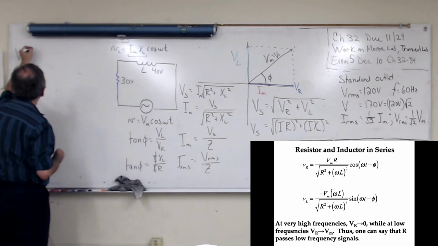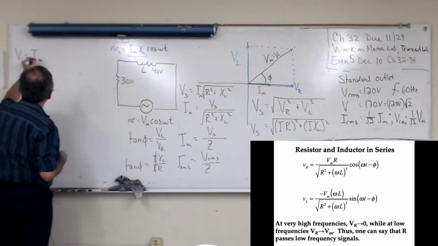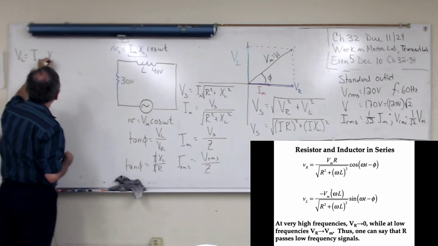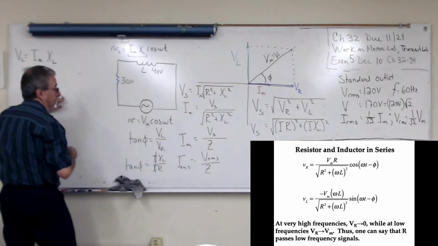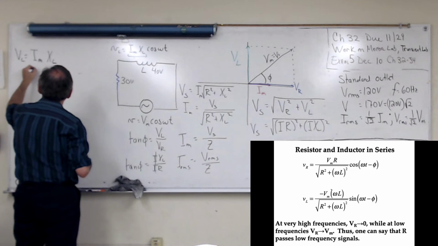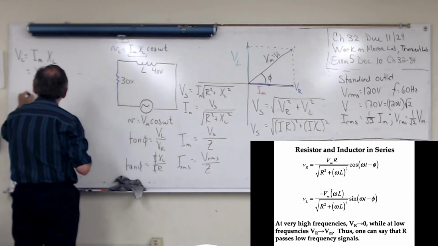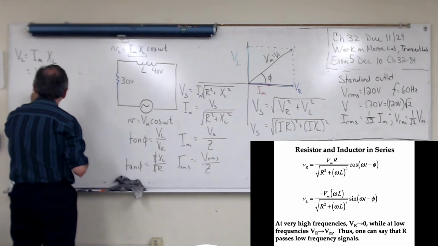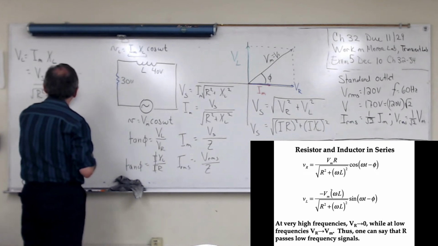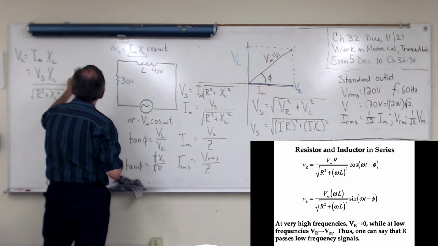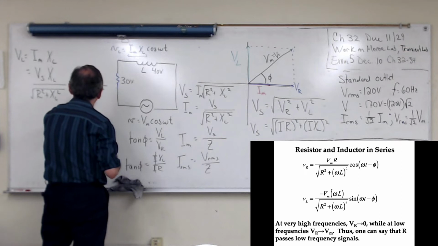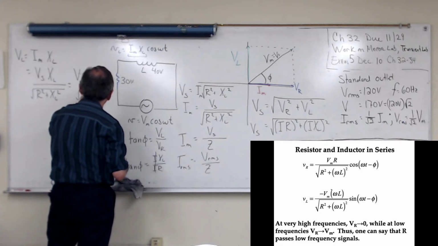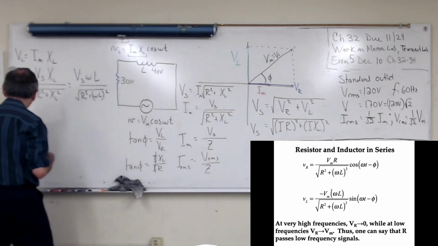V sub L is I sub m, x sub L. I sub m is this. And let me put the omegas in. And let me write V sub R too.